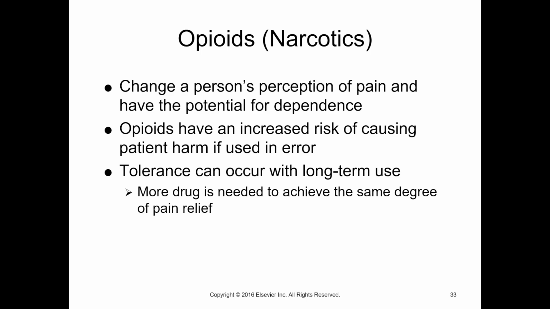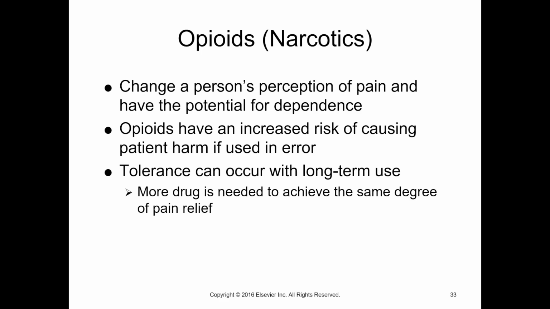Opiates, which are narcotics. The idea here is we're actually changing the way the body senses and perceives pain. These are highly addictive. They are Schedule 2 drugs. It is also possible to overdose on them, especially with long-term use.